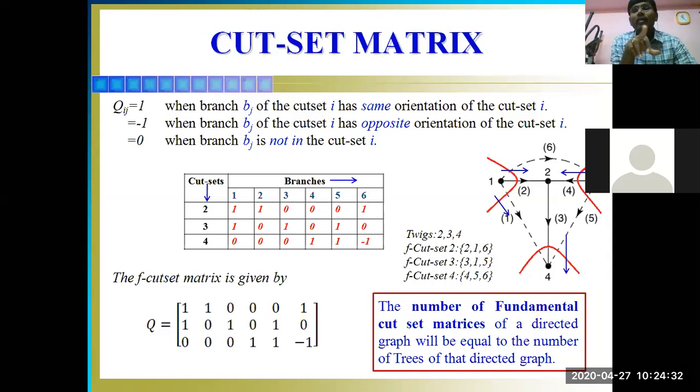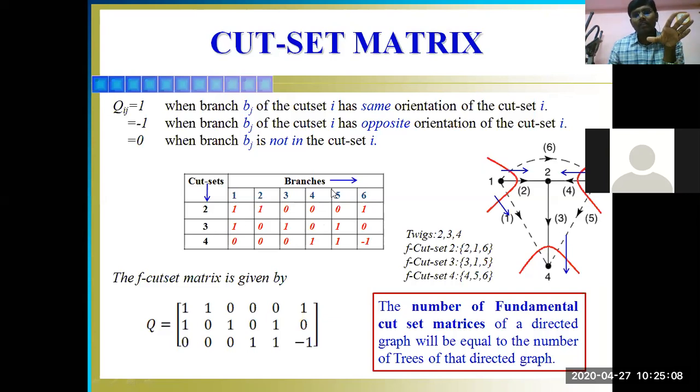That's why it is called a fundamental cut set, like a fundamental loop also. In a fundamental loop, there is only one link present. So if a loop consists of one link, that is called a fundamental loop. If a cut set consists of only one twig, it is called a fundamental cut set. Actually here, it is a rectangular matrix.